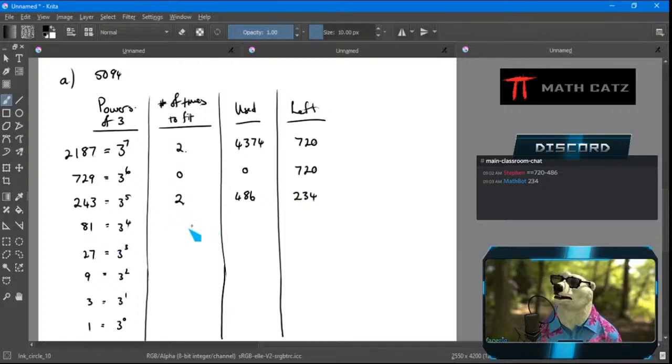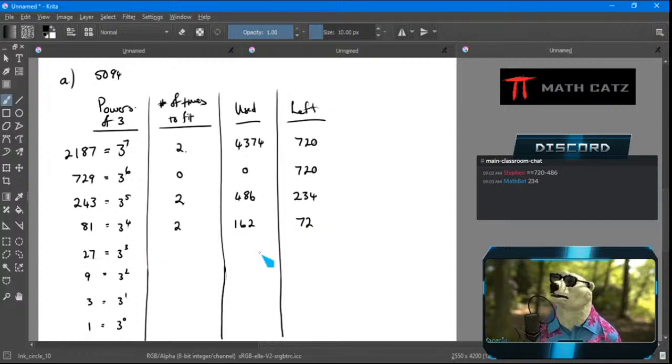Some 81s can fit into that. Only 2 of them. 2 times 81 is 162. And you see here that I have 72 left, which wasn't enough for another 81. Whatever I have left can't be the same or bigger than the group size I'm working with, because then I could have fit another one in. Then I have 27 left.